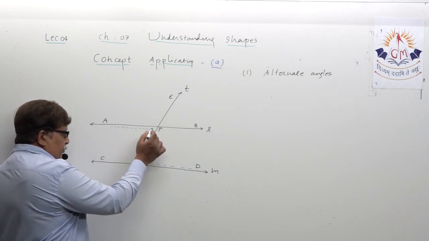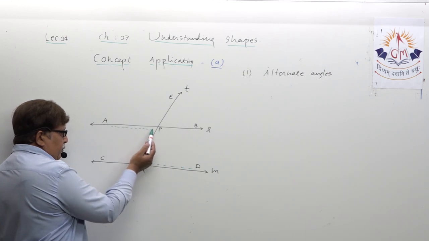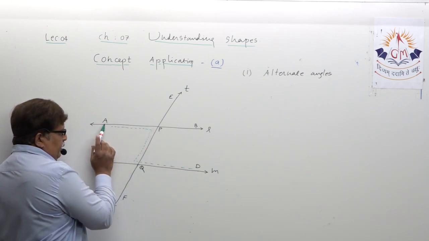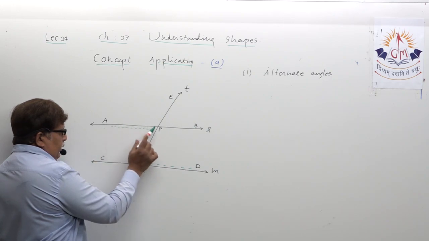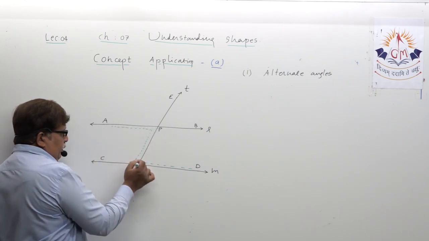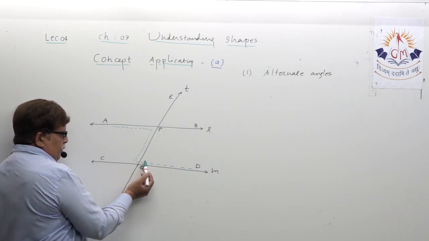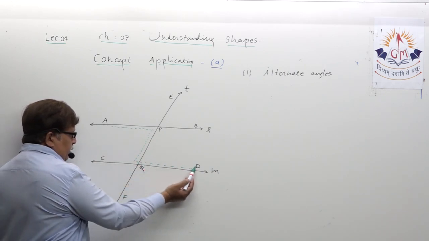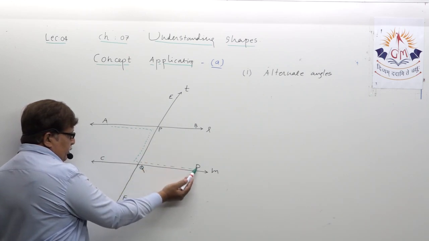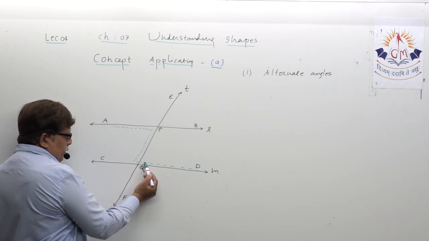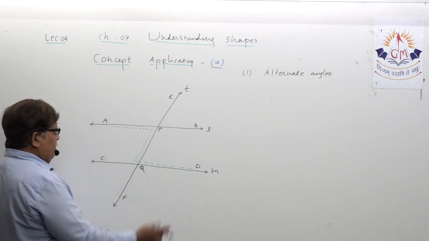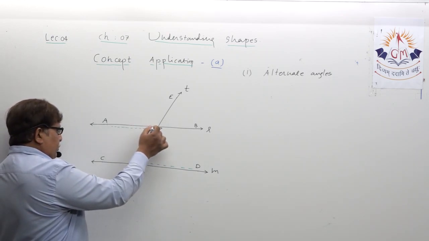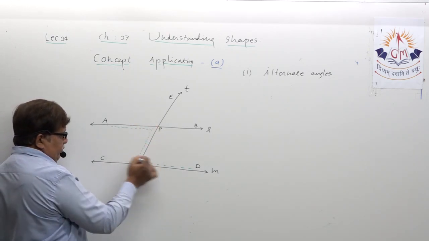Can you name these two angles? First you name this. Start from here: angle A, P, Q. Now name this angle. You can start from P or D also: angle D, Q, P. These two angles are in a Z shape.